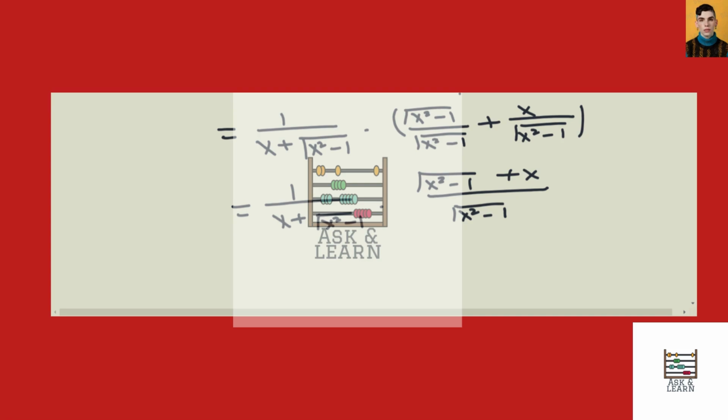And we notice that this thing in the denominator and this thing in the numerator are actually the same, right? So we can cancel out these two items. And finally, all that is left is just 1 over square root of x squared minus 1. Okay, that's the solution of this problem.